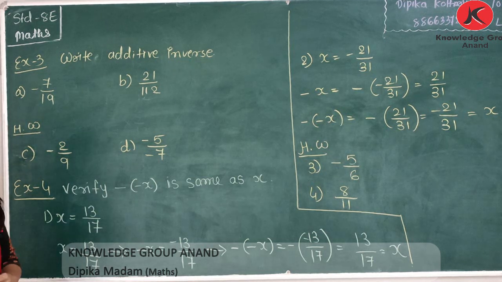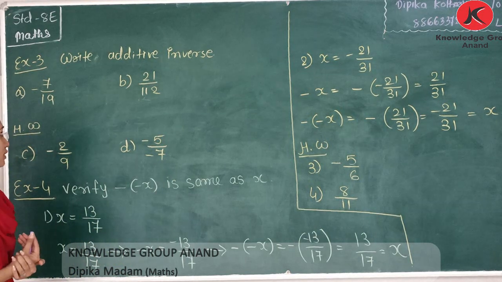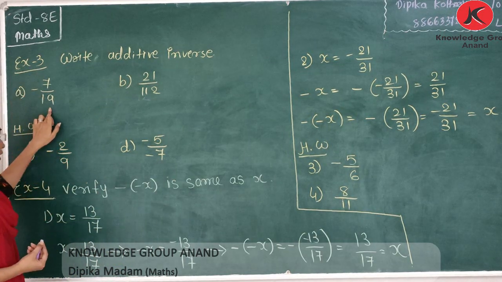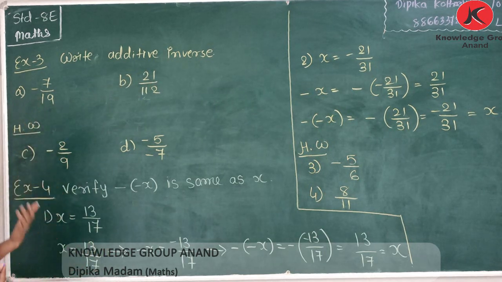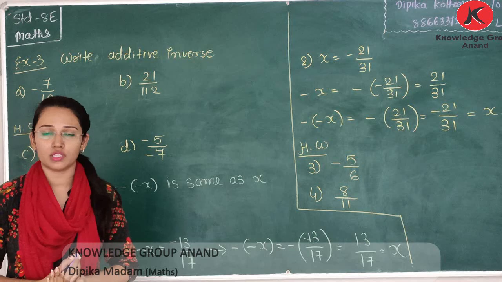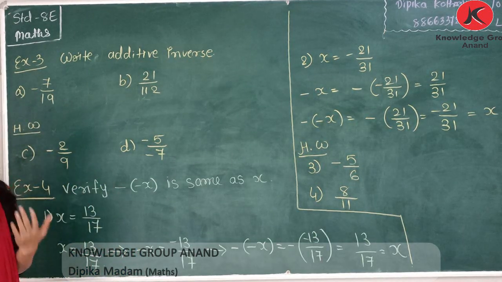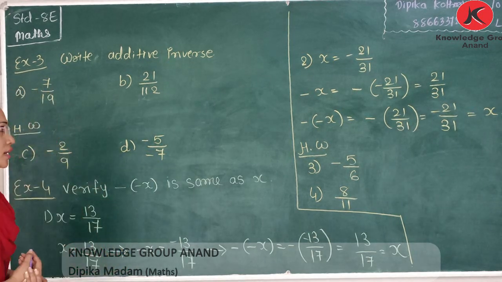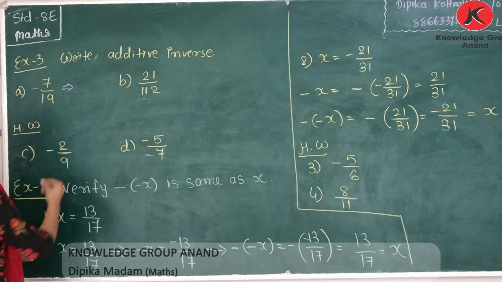Based on today's topic, example 3 in your textbook: write the additive inverse of -7/90 and 21/112. Again, additive inverse and negative of the rational number are the same. What is negative? It means writing a negative sign before the rational number. So what will be the additive inverse of -7/90?